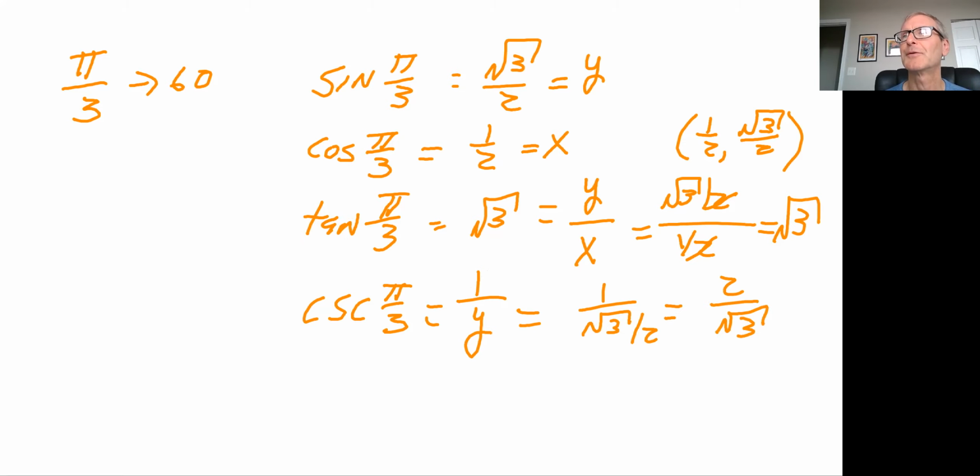And as you know, and I don't agree with this, but the math gods don't like to have a square root in the denominator. And so when you do that calculation, you multiply the top and the bottom by square root of 3, and you see that you get 2 square root of 3 divided by 3.